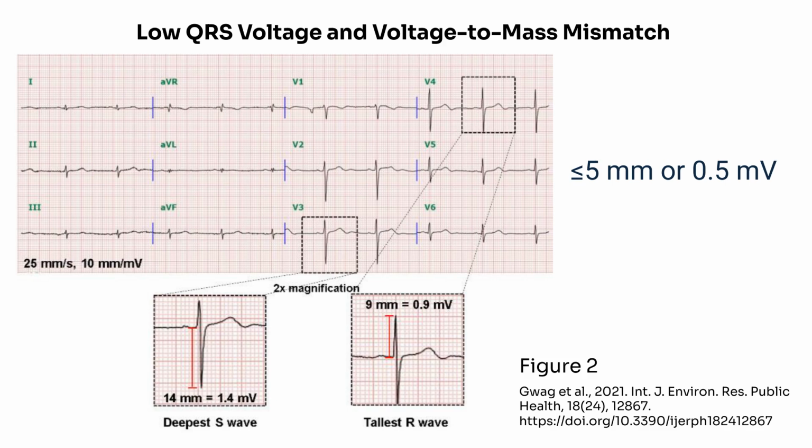The result? The heart looks hypertrophied on echo, but the electrical signals are dampened on ECG. This voltage-to-mass discrepancy is considered a hallmark of cardiac amyloidosis and should always prompt further investigation, especially in elderly patients presenting with heart failure and thickened walls.